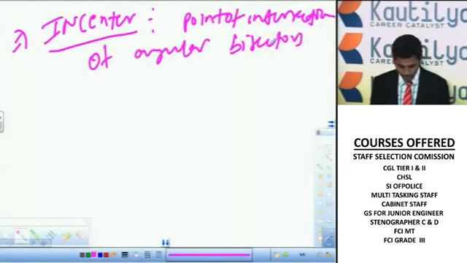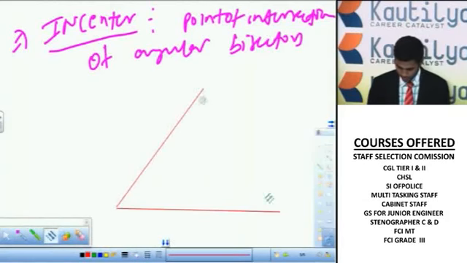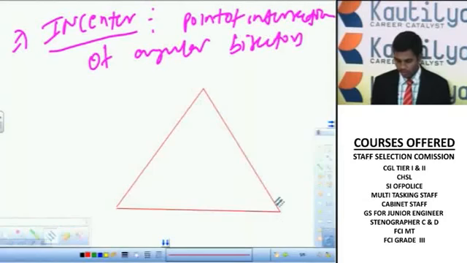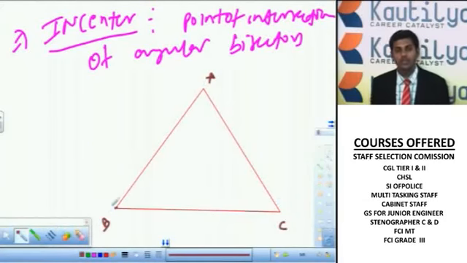So in a given triangle, let this be the triangle with vertices as A, B, C. Now incenter is the point of intersection of angular bisectors, right?